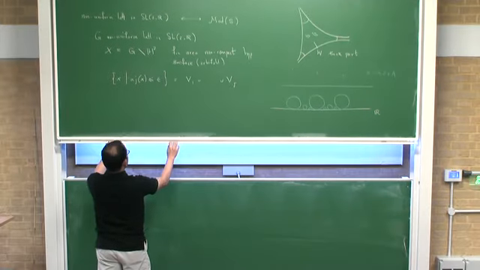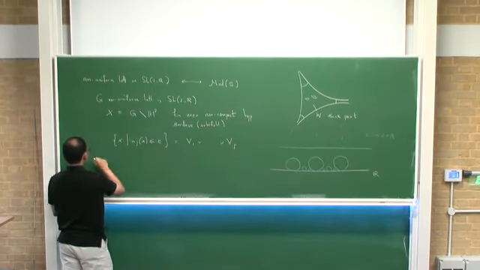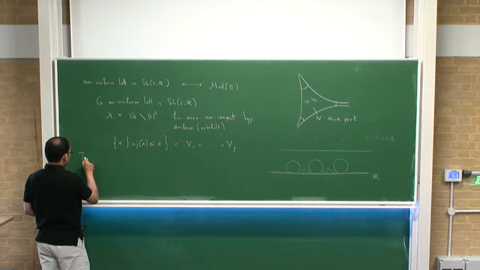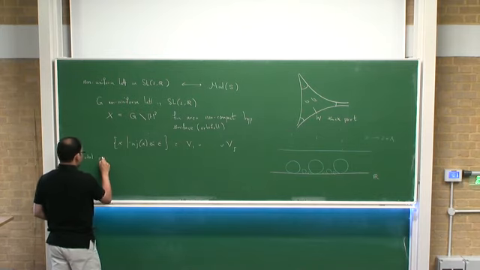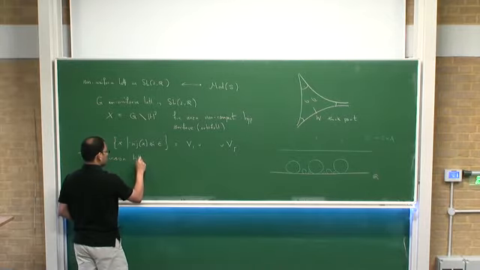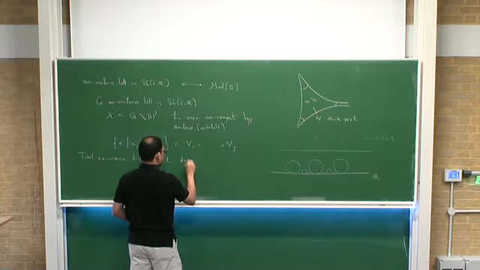Let me just write it here since board space is at a premium. So I'm going to define the total excursion till time t for a recurrent geodesic.